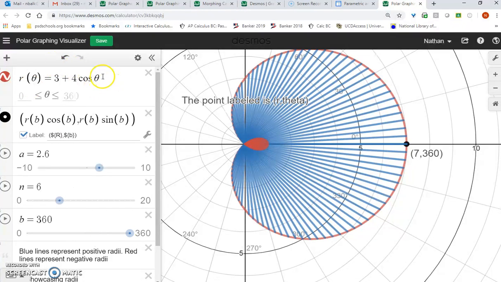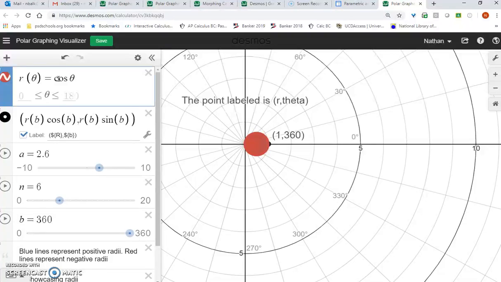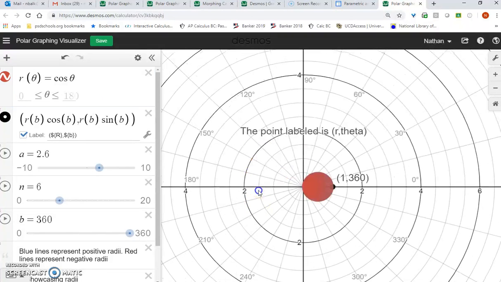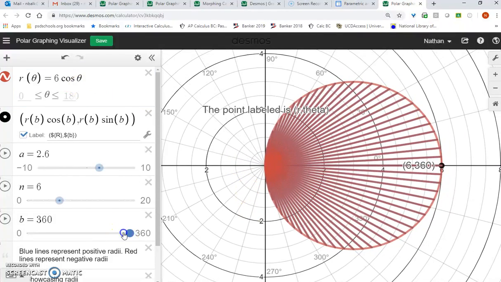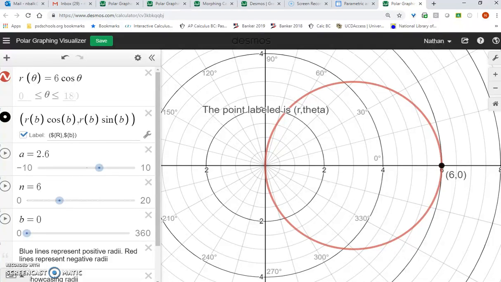Okay, so now let's go to the original one that I first asked about, the very basic. Do we have a 6 on it? Or is it just cosine? 6. Okay, so I have a 6. My first question I prompted this with is, if your radiuses are all positive, which quadrants are you in?